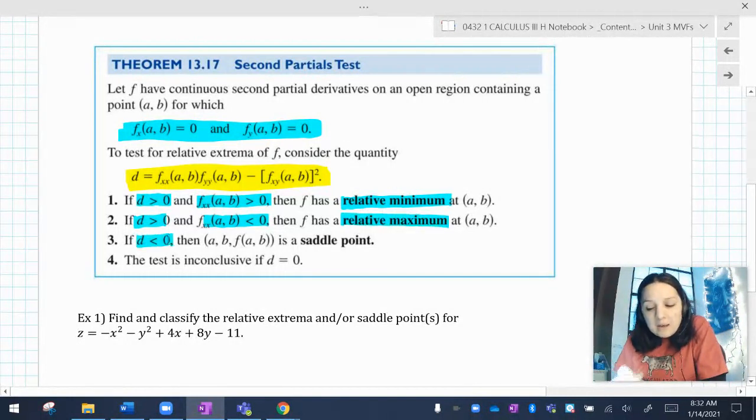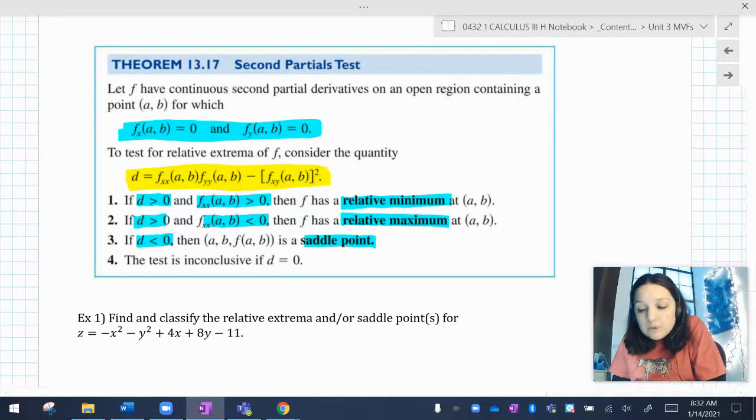If D is less than 0, then we automatically have a saddle point. Again, think Pringle. And the test is inconclusive if D equals 0. So if D equals 0 at your critical point, what you do is test other points around that and see if you get higher or lower z values, and then decide from there.